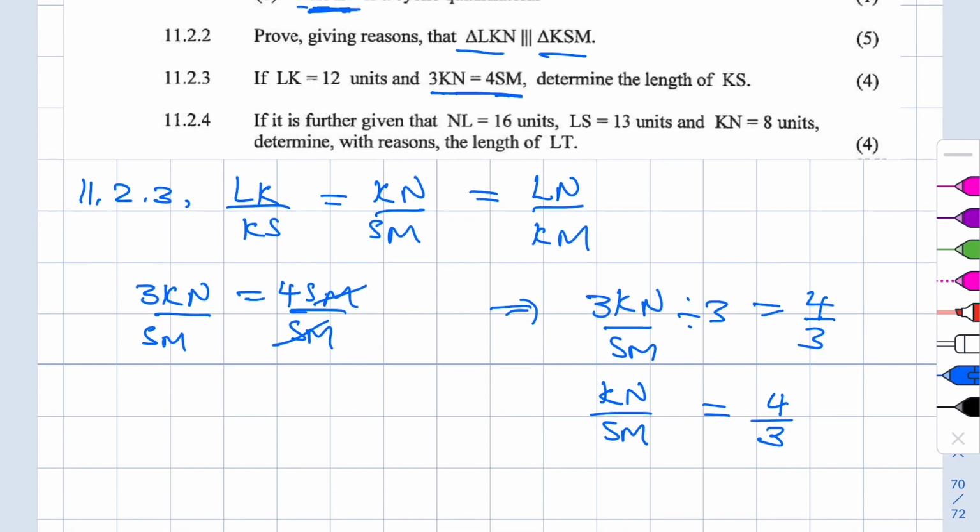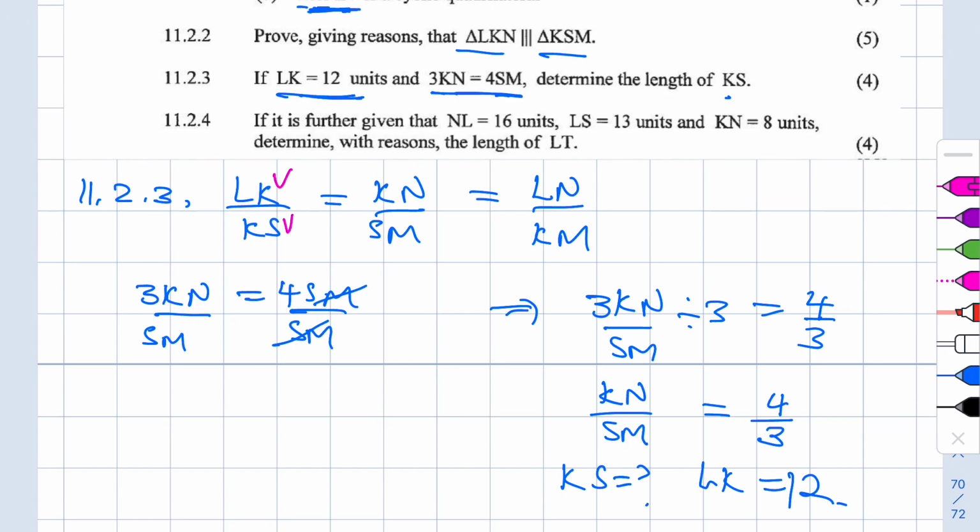Okay, and then we also are given LK, which is equal to 12. We're looking for KS. Now we look at our ratios. Do we have KL? This is 12, so KL, yes.